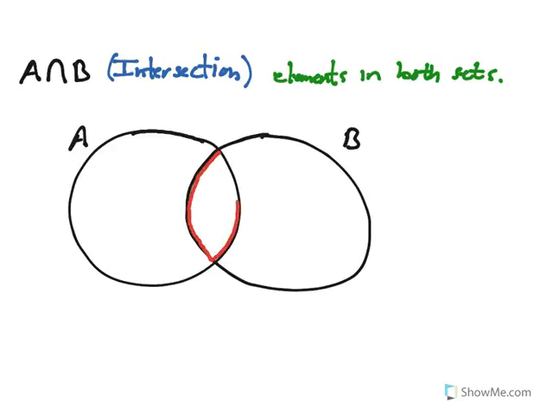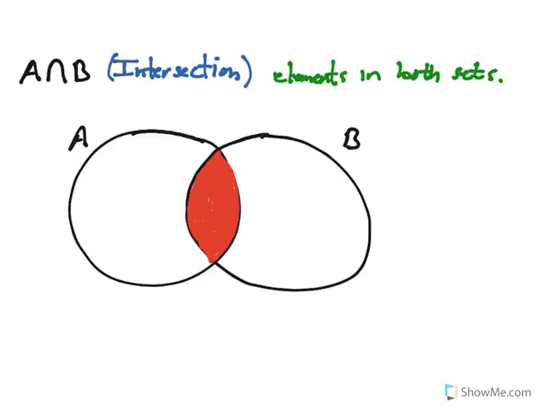They can only share common ground here. Does that make sense? So all the elements that you will find in this shaded red area means that they will exist in both sets. Okay, does that make sense?